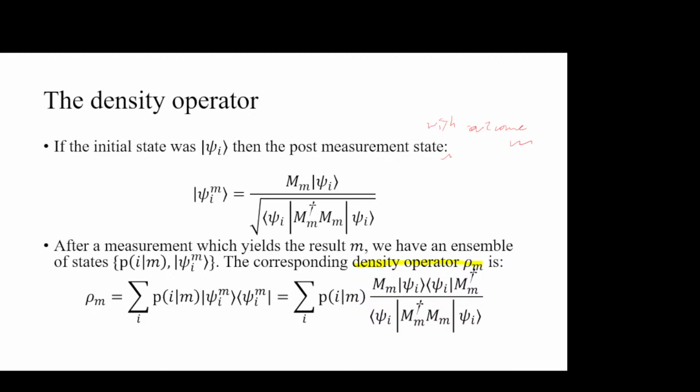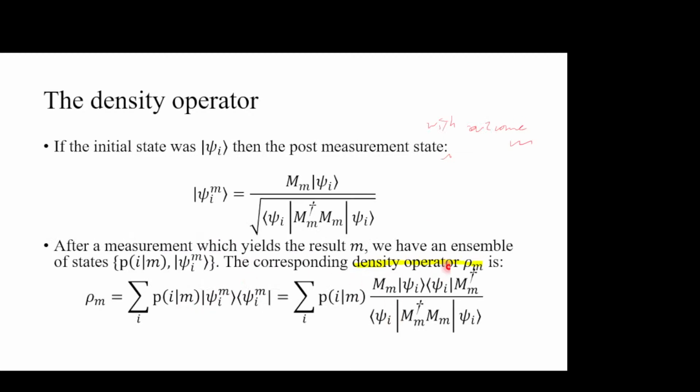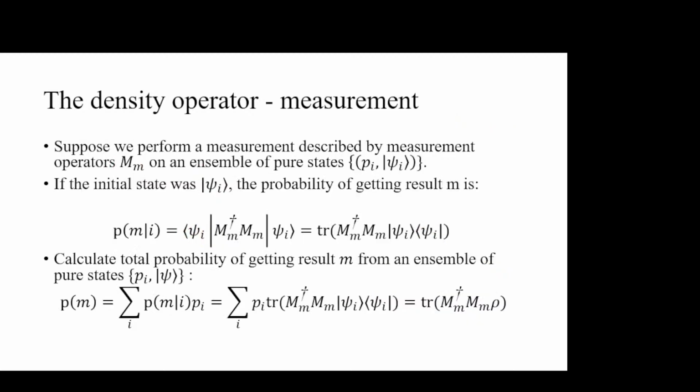Now this is a little tricky, because unlike here, where the probability you can just sum together, the calculation here is a bit tricky because different input states have different probability of getting outcome m. So after you do the measurement, the ensemble probabilities are going to be different, because you are selecting on getting outcome m.